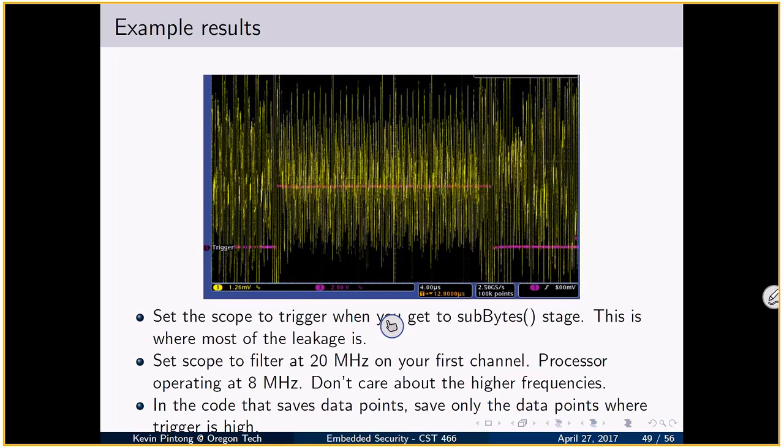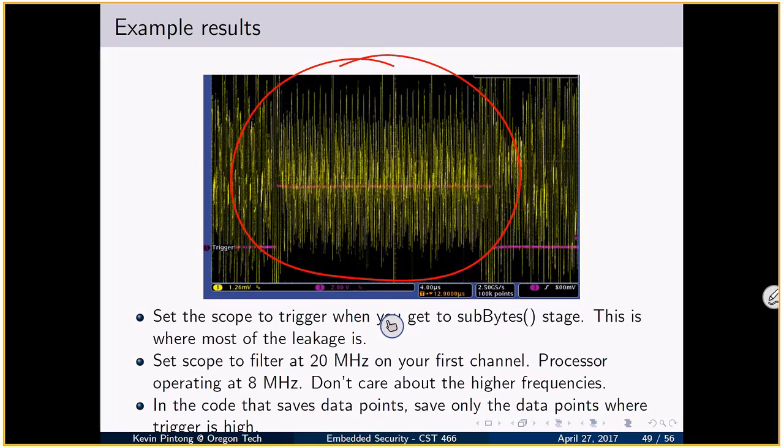If you do not set the bandwidth limit, you're going to get more data points, but those data points are just noise. So bandwidth limit your scope to 20 megahertz. That's extremely important. 20 megahertz.